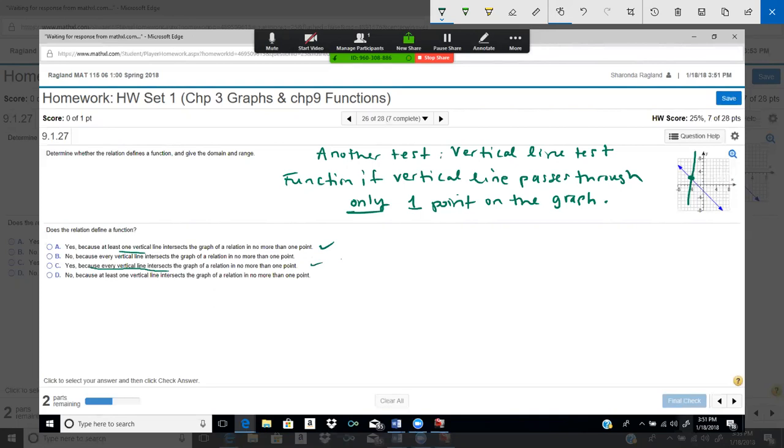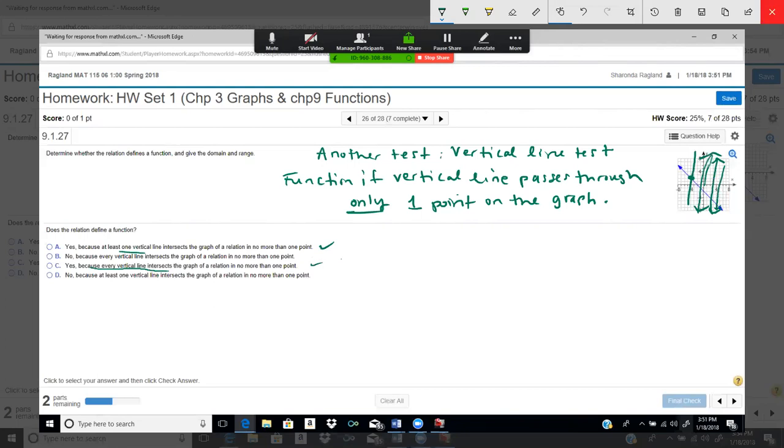How do we distinguish which one is the correct one? We drew a vertical line. It says at least one. So if we did another one, it shouldn't matter how many vertical lines. So every vertical line intersects the graph of a relation in no more than one point.